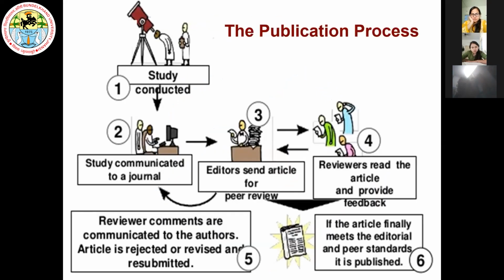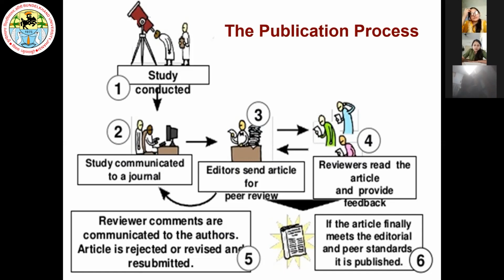This is just a cartoon depiction of the publication process. The first step is that we researchers do our work and perform the study. Then we write a paper, and at the second stage we communicate to a journal.